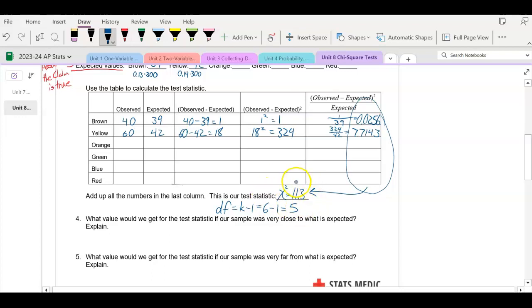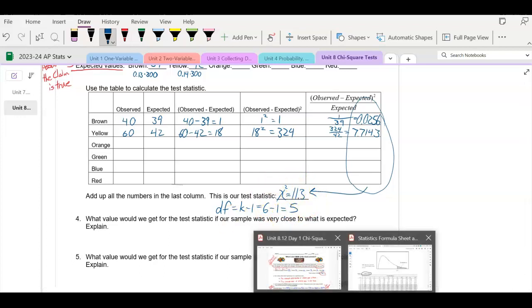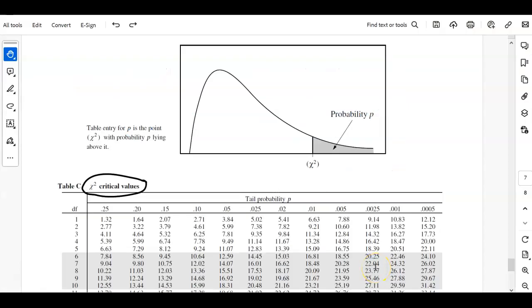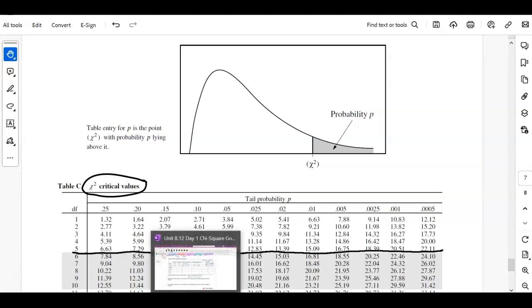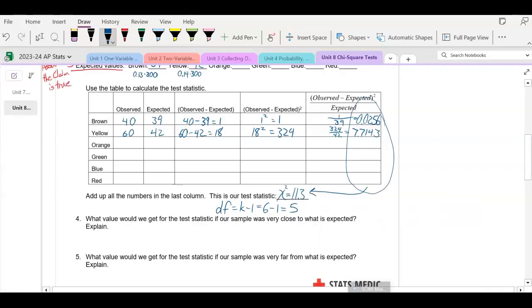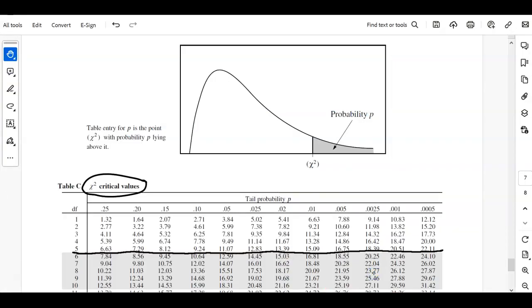So I've got a chi-squared of 11.3, degrees of freedom 5, and I come to my table C, and I'm looking at the row where the 5 degrees of freedom are. I look for my value. Now I had chosen 11.3 just out of the air here. So 11.3 would fall right here.